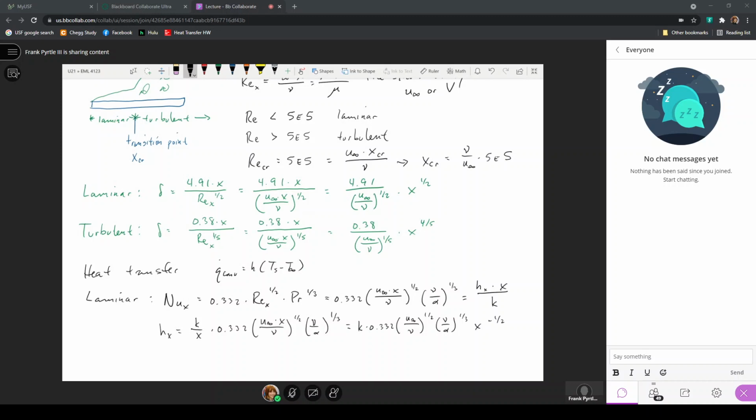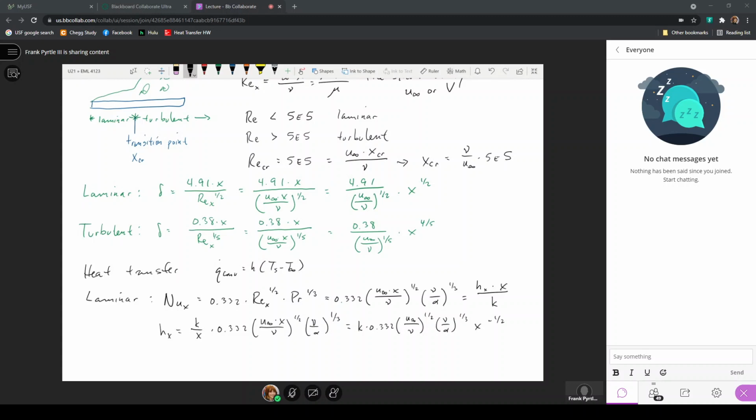So this says that the heat transfer coefficient h decreases in the laminar region of flow over the plate with a functionality that is x to the -1/2. And notice that the heat transfer coefficient is considered to be infinite at the leading edge of the plate. When x is equal to 0, this value goes to infinity.